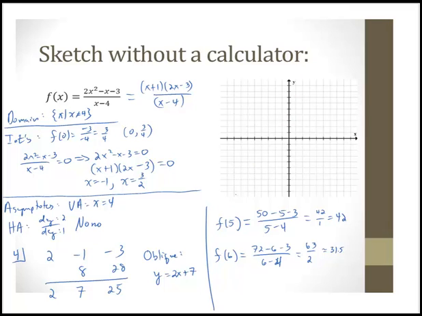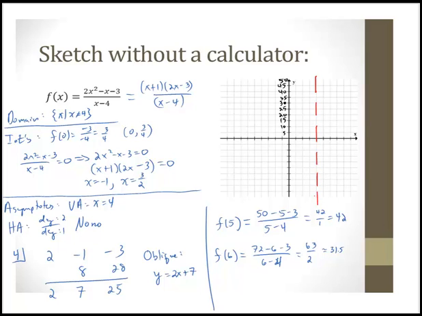Alright, so I'm going to use a scale of 5 on the y-axis. So let's change this: 5, 10, 15, 20, 25, 30, 35, 40, 45, 50 on the y-axis. I'm going to leave the x-axis alone. So x equals 4, still right here, that's my vertical asymptote.